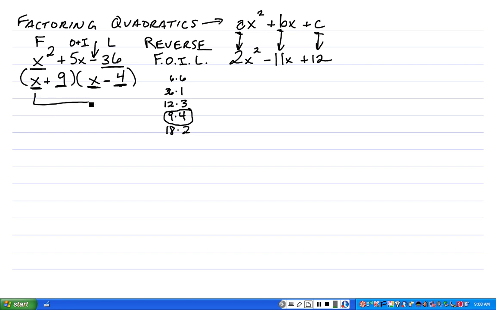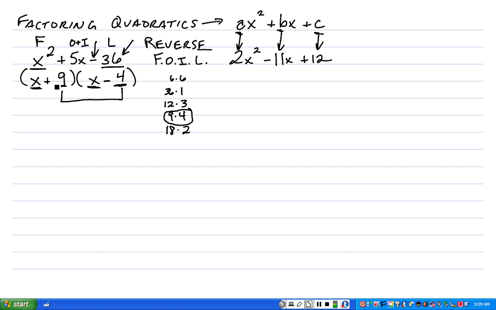First times first gives me the first. Last times last gives me the last, because a positive 9 times a negative 4 gives me a negative 36.